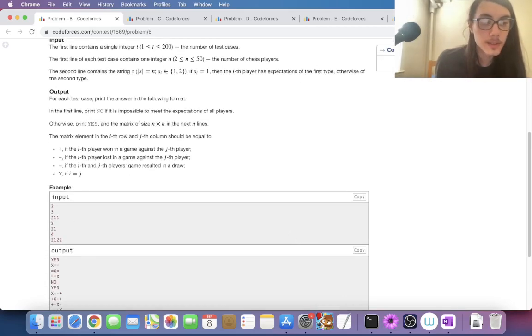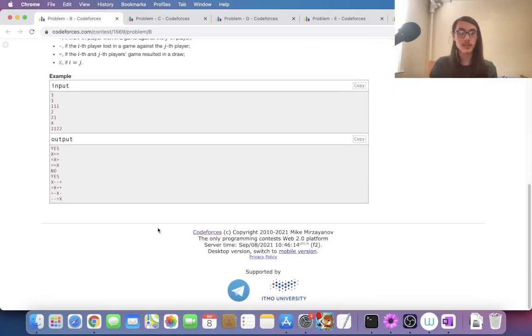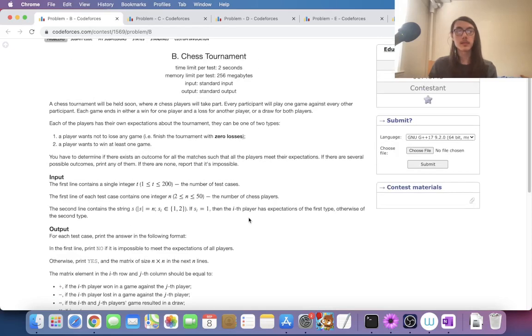So if we have two people, if we have no people with type 2, then we can make everyone draw each other, and that part's fine. If we have one person of type 1, then there is nobody they can win against, so it is impossible. I think that is the only case where it's impossible. And yeah, here this illustrates that. And otherwise, if we have at least two people with, no wait.